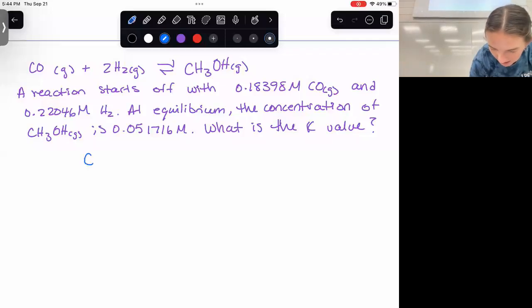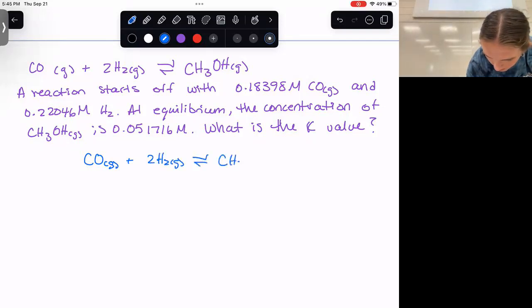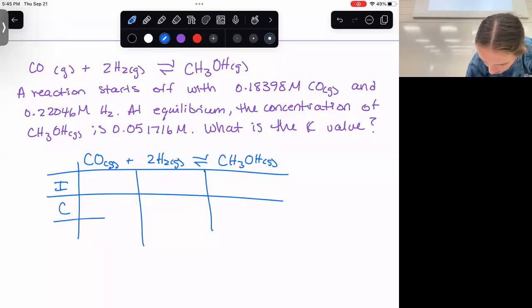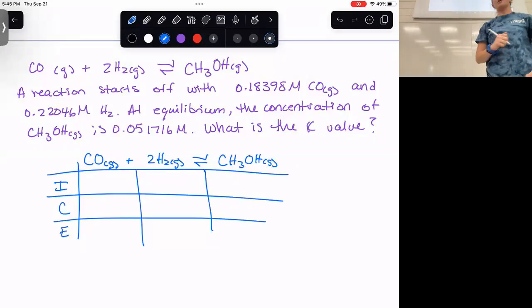I tend to form these by writing my reaction again, and then I make a chart like this. Then you can fill in what you know.